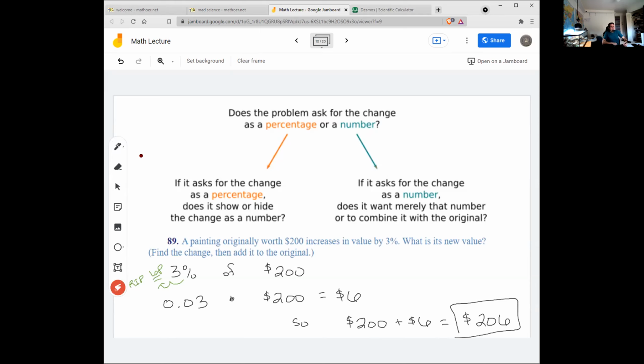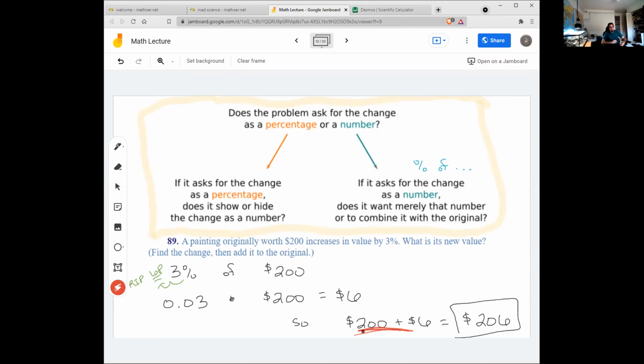So this picture up here is your sort of be careful of things picture. If it's a percent of something, then are they asking you just to find the percent of something and stop?